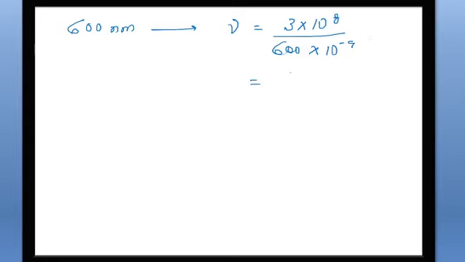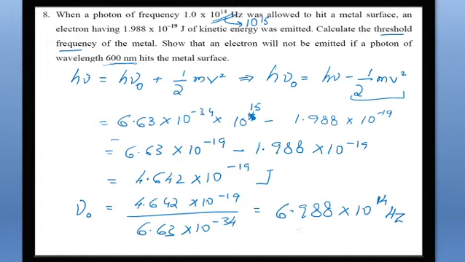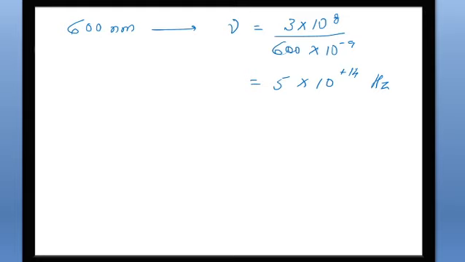And on solving this we get approximately 5 into 10 to the power 14 hertz, right? 5 into 10 to the power 14 hertz. Now we see that here the value of nu naught is higher than that of the incident photon, that is nu naught is greater than nu, so it only means one thing, that no emission will be there.